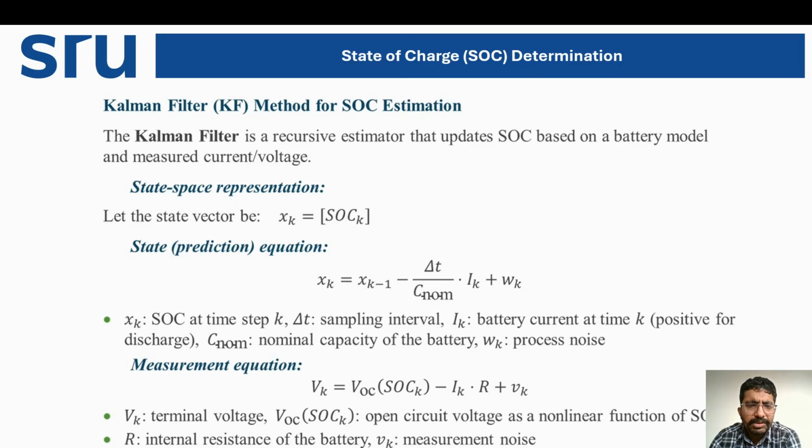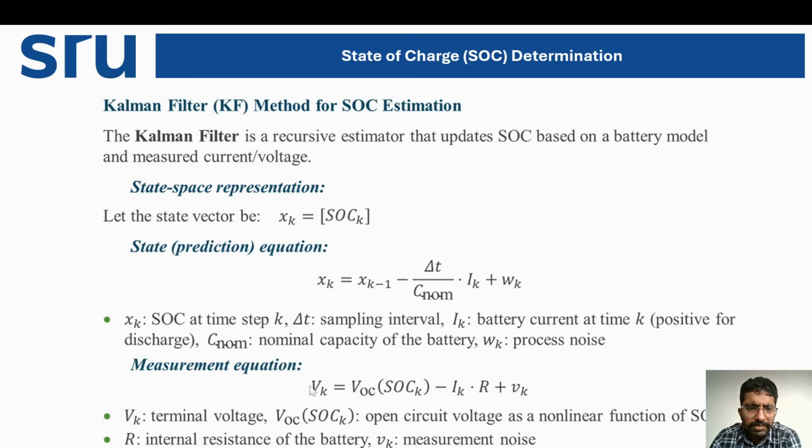So here some diagrams or equations involving the Kalman filter are shown. It has a state prediction equation. At any particular condition, the state is determined by the previous state and the rate of change with respect to time, and Wk represents the process noise, system noise. The nominal capacity of the battery is C nominal.